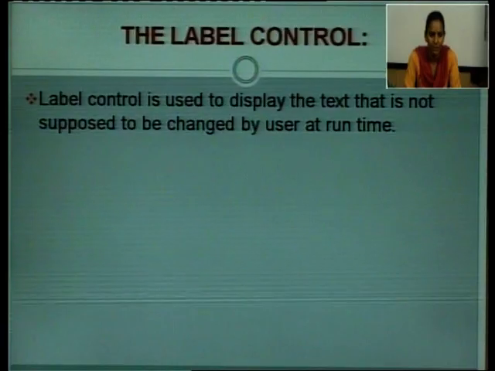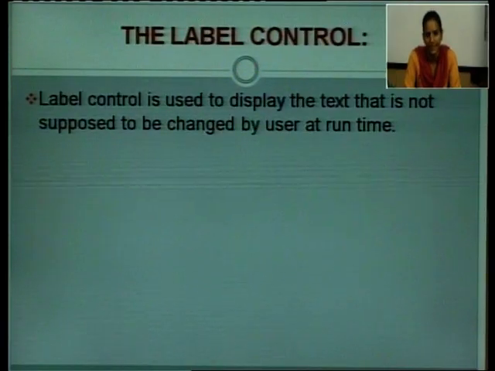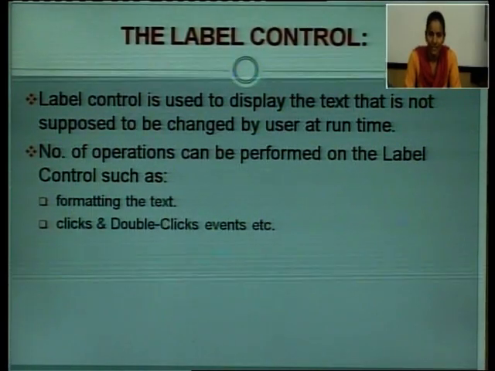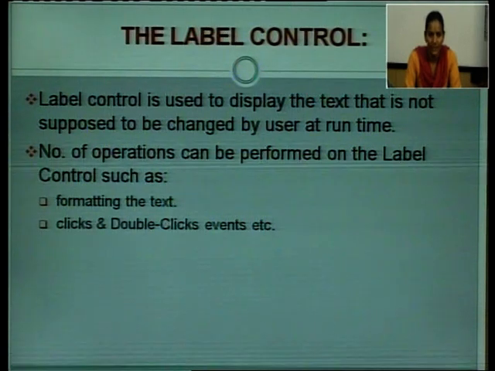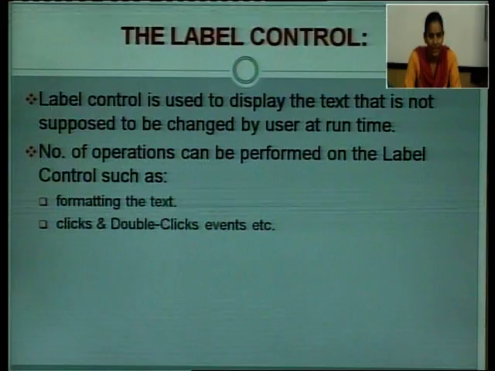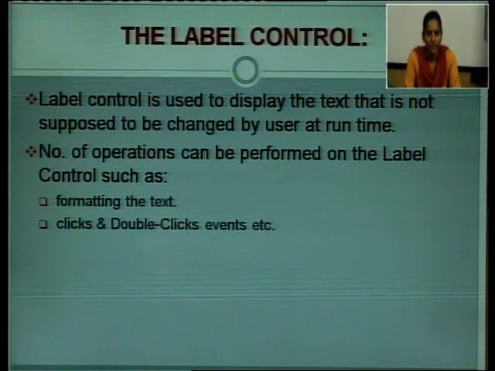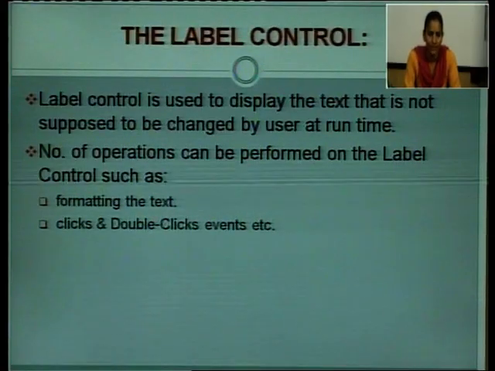Whatever is displayed, you can only change the properties or enter the text in the text box. A number of operations can be performed on the label control, such as formatting the text, click and double click events. Here, if you click on the username, it shows a message that you have to enter the username in this format.